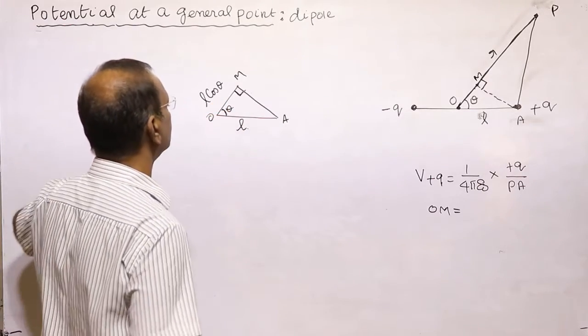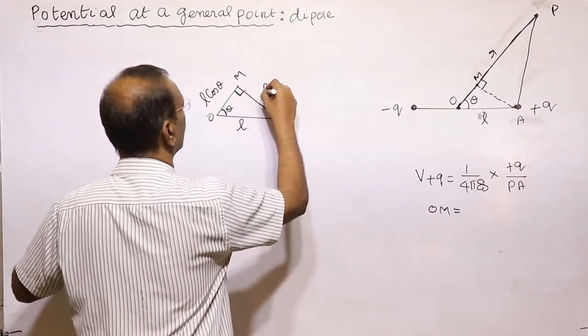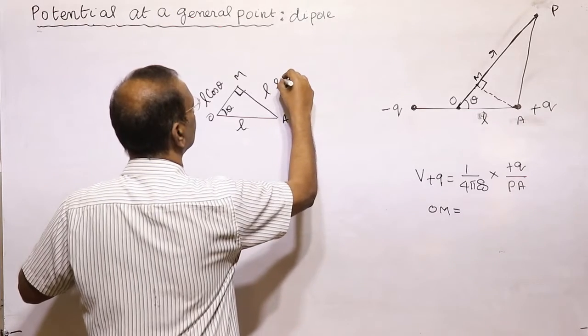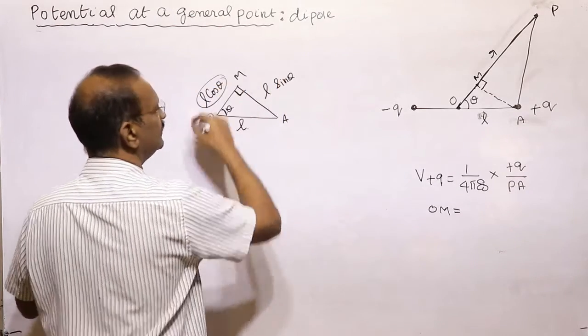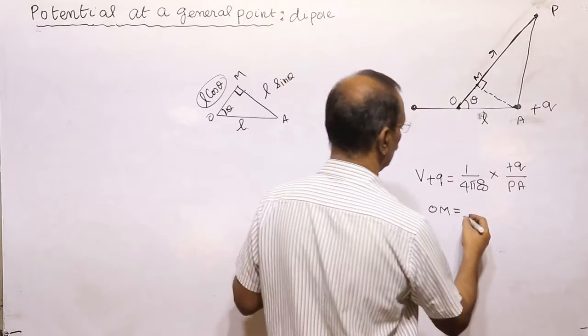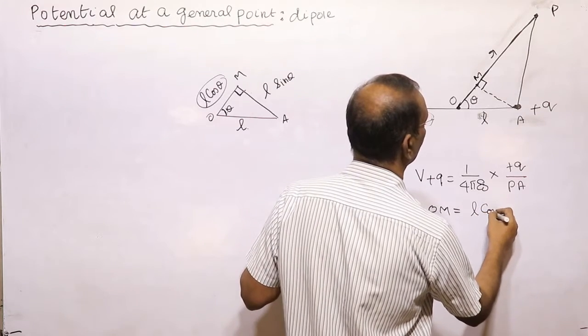The side adjacent to the angle is hypotenuse into cos theta, and obviously the opposite side will be L sin theta.